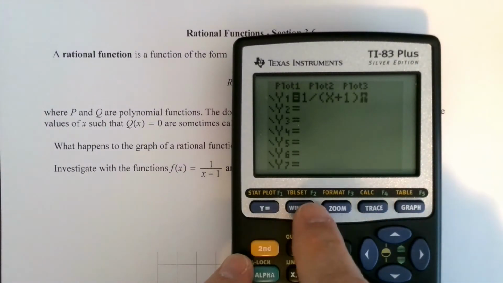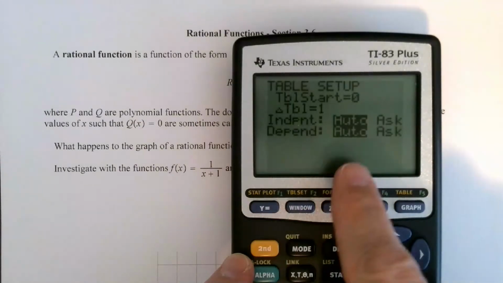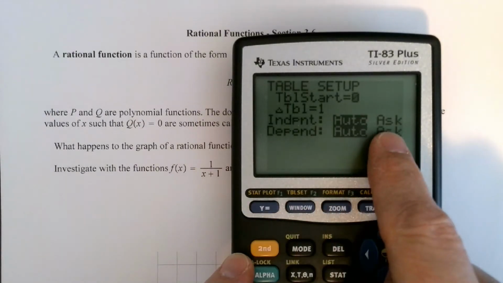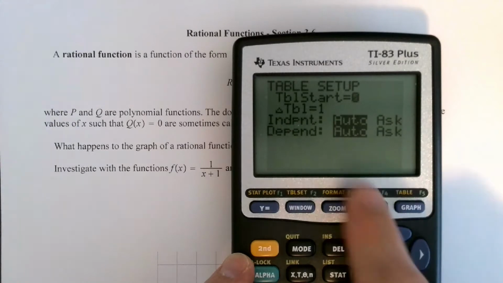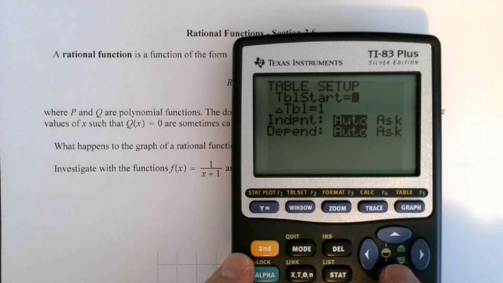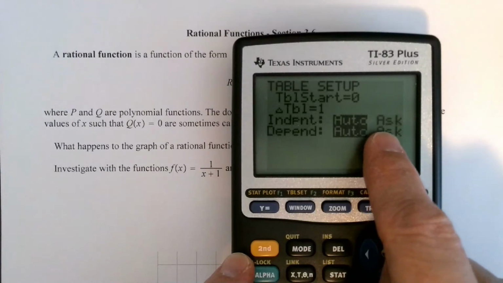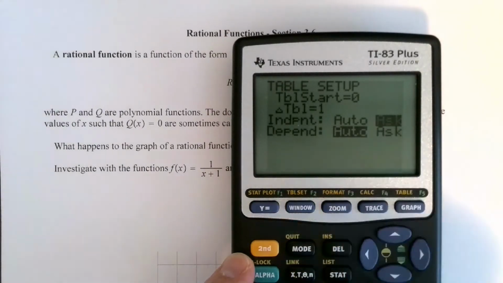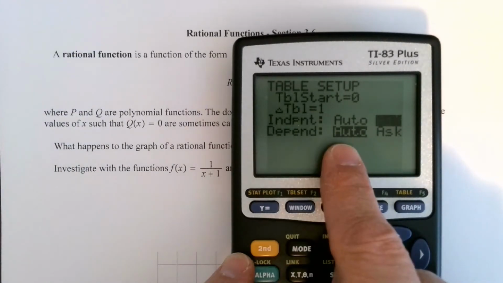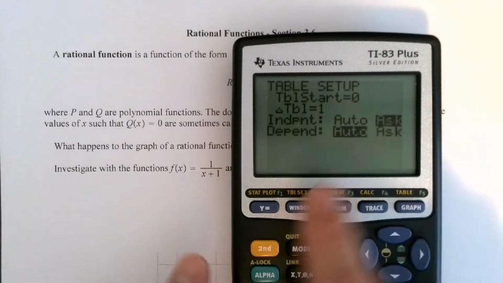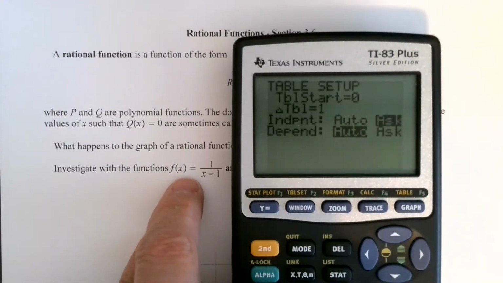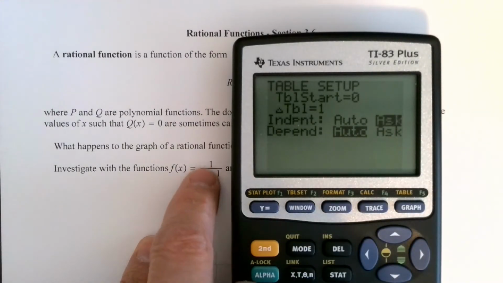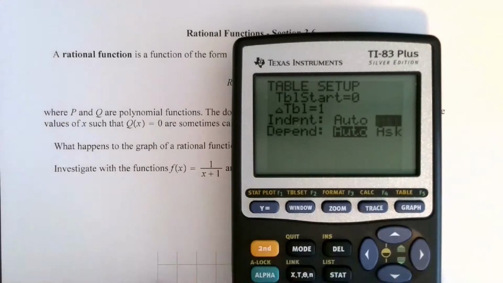So I do second and press that button. And I want to put it into ask mode for the independent variable. And so I move my cursor by the arrow keys so it highlights ask, and then I hit enter. So I want to keep my dependent variable in auto mode. So the independent variable, the input, would be x, right? x is the independent variable. The output, which is what I compute here, is my dependent variable.